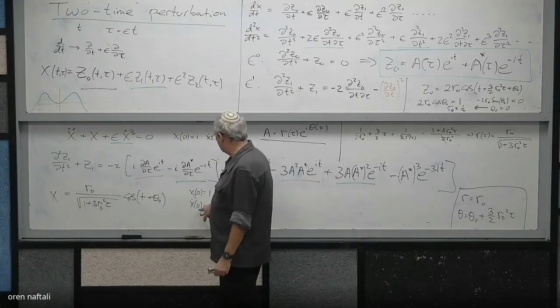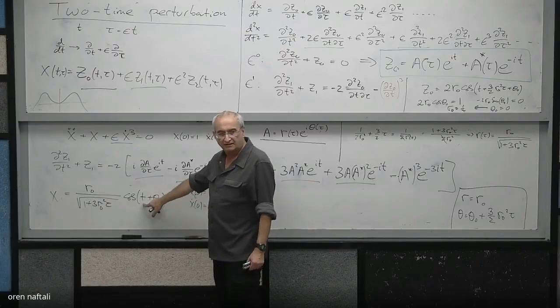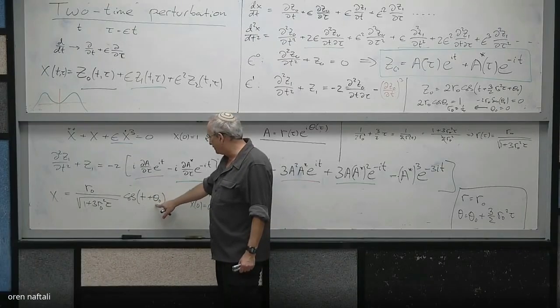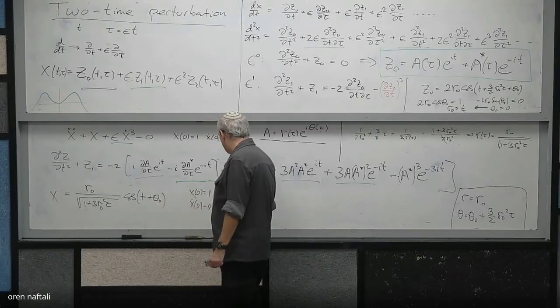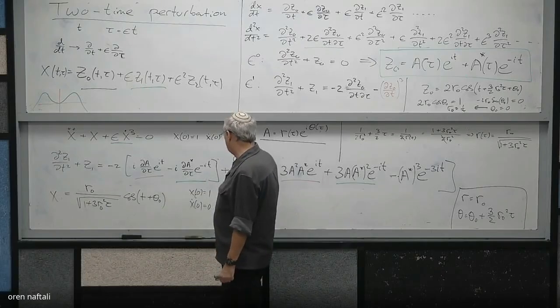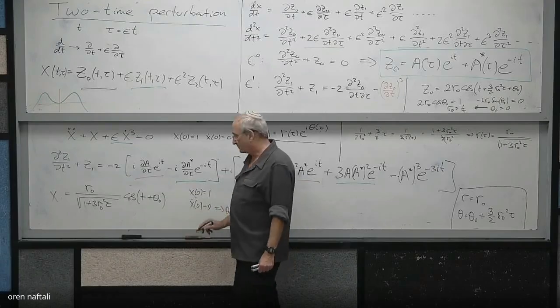So for x dot of 0 to be 0, if I take the derivative with respect to t here, all I will have is sine of theta naught, and I want this to be 0, so this implies that theta naught is 0. And then I want r naught to be 1 to satisfy that.